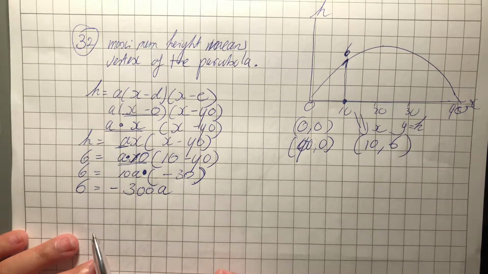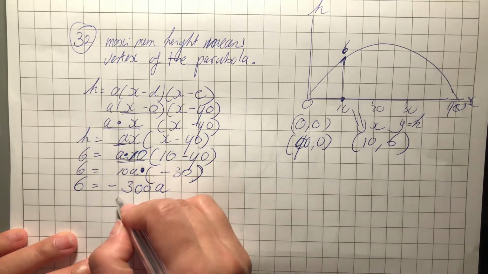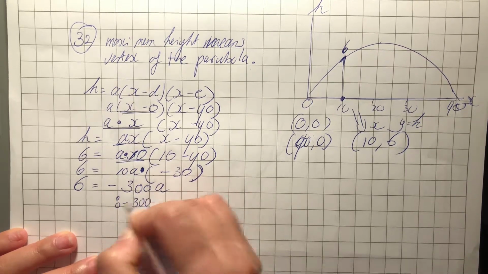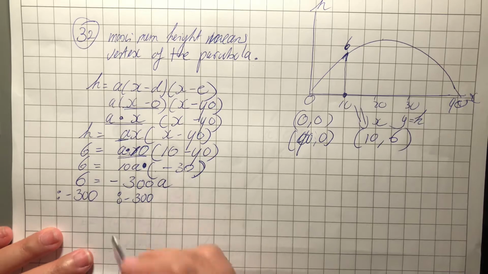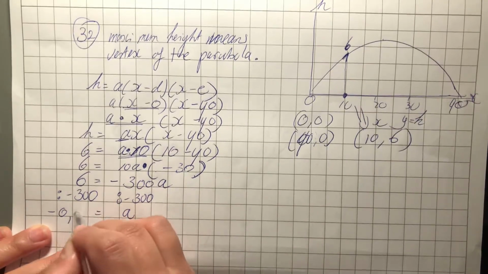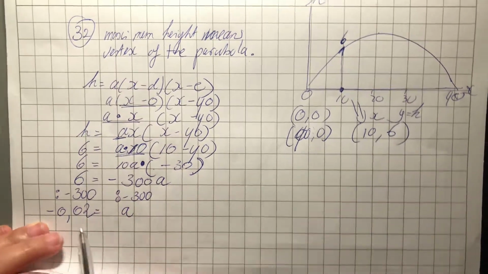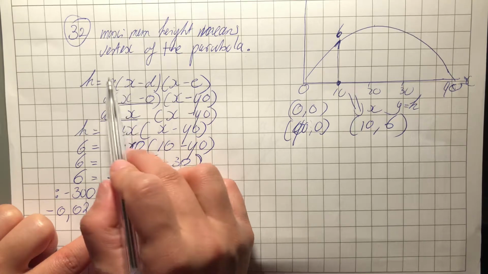This is an equation. You can divide both sides by negative 300. So 6 divided by negative 300. So we get that a is negative 0.02. That is the a. So that comes in front of this formula.